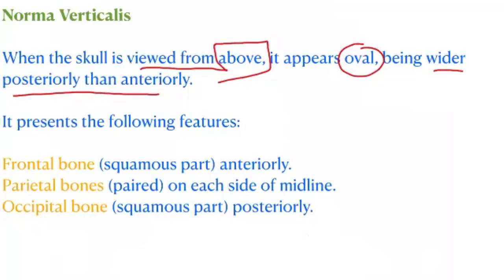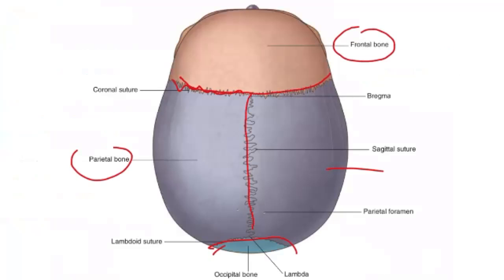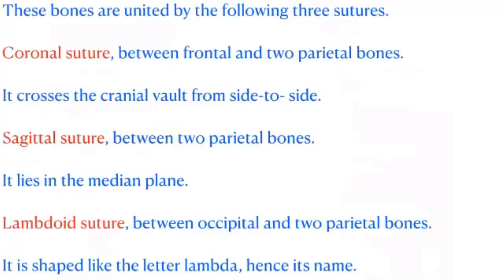It has the squamous part of the frontal bone, the paired parietal bones, and the squamous part of the occipital bone posteriorly. See, frontal bone, parietal bones, 1, 2, and occipital bone. So these are the sutures. So this suture, and these sutures. Learn them. So the coronal suture is between the frontal and two parietal bones.